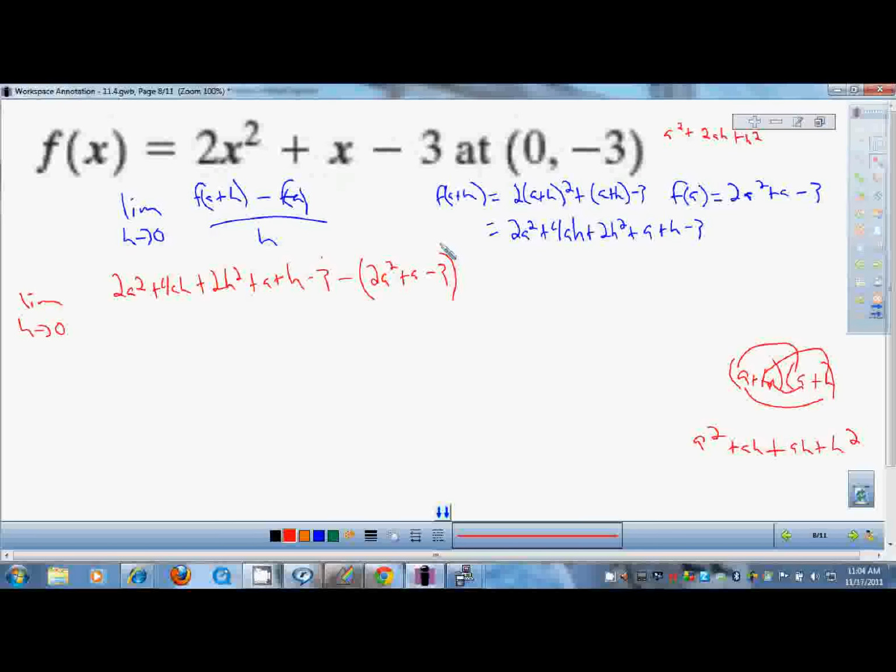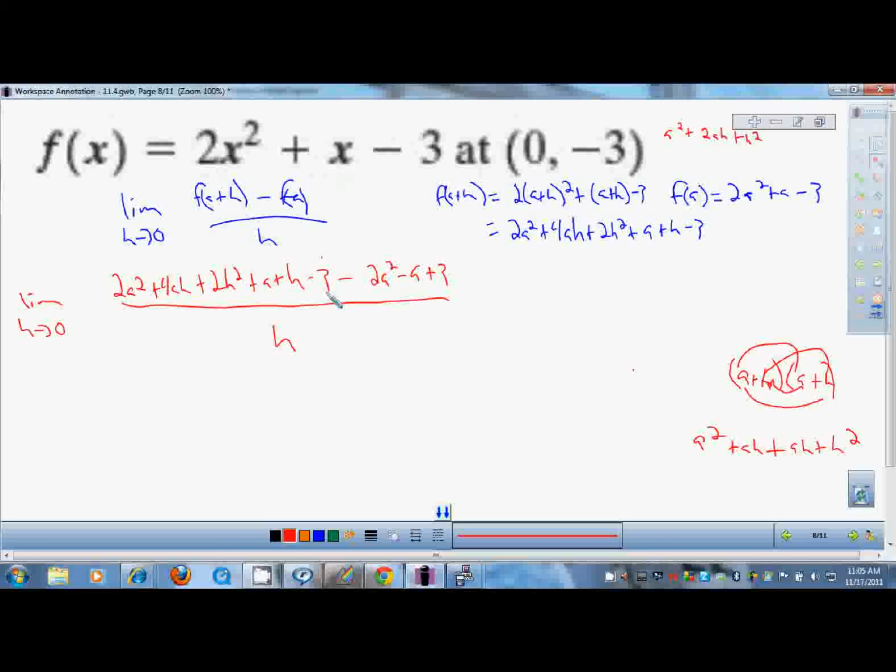The important thing today is that you remember to distribute the minus sign. That makes this minus 2a squared minus a plus 3 when you distribute that minus all the way through the parentheses, all over h. If you do this correctly, the same kind of thing should always cancel.